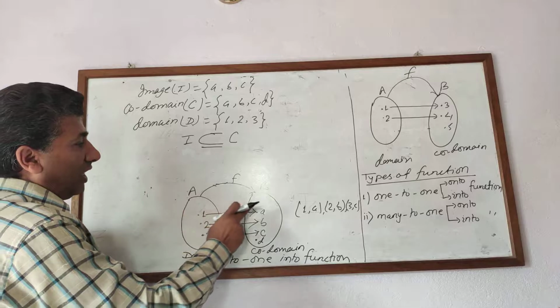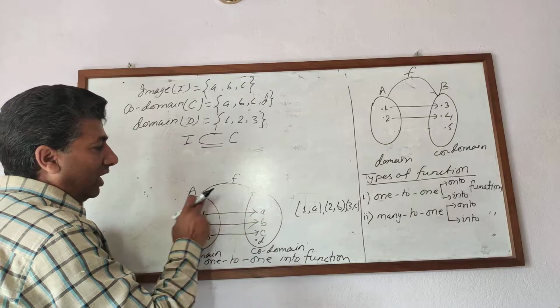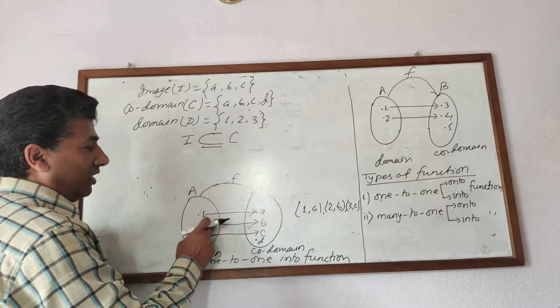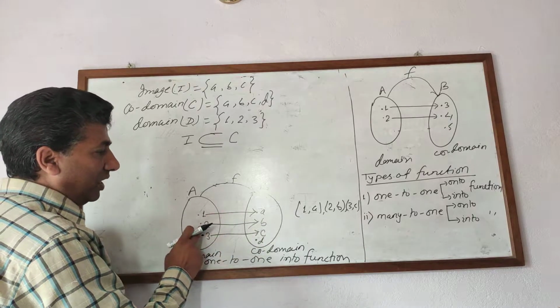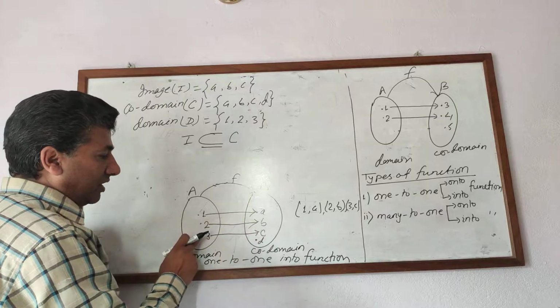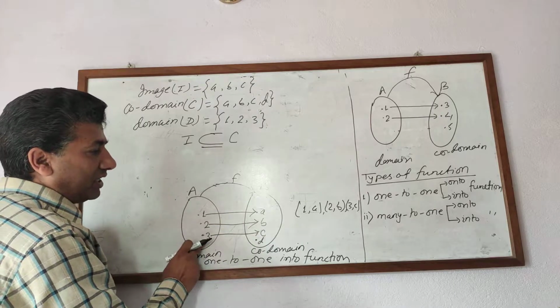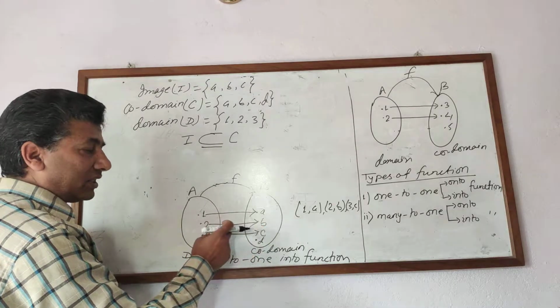Remember that. A is image of 1 and 1 is pre-image of A. B is image of 2. 2 is pre-image of B. C is image of 3 and 3 is pre-image of C.